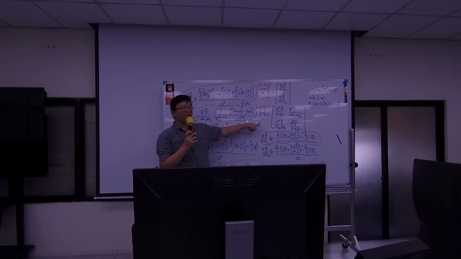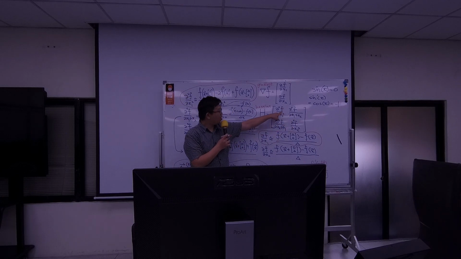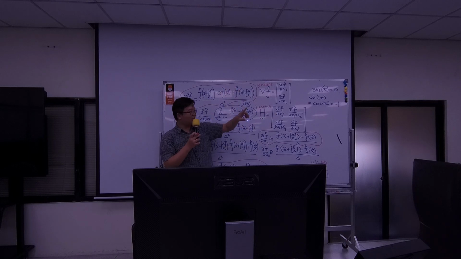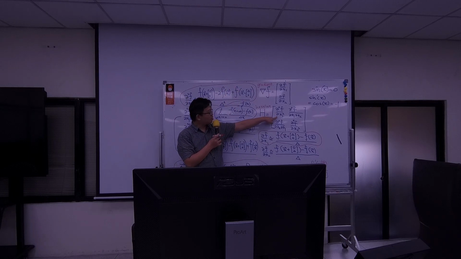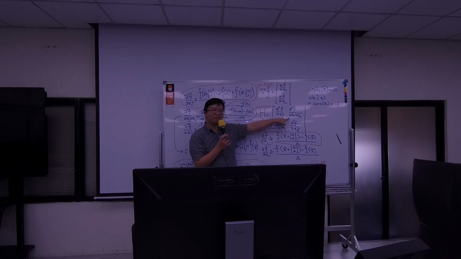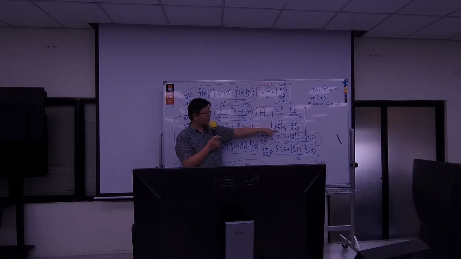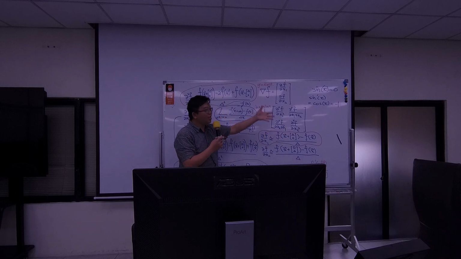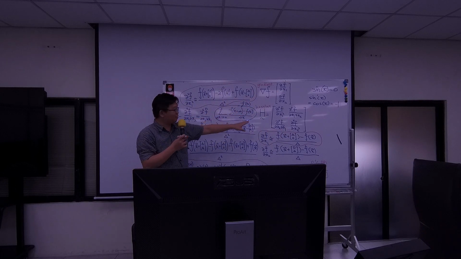So this is a matrix that keeps all the second order derivatives, all the possible kinds. This is the second order derivative with respect to x1. This is the second order derivative with respect to x1 and x2. This is with respect to x2 and x1. This is the one with respect to x2. Okay? So Hessian, all the second order derivatives.